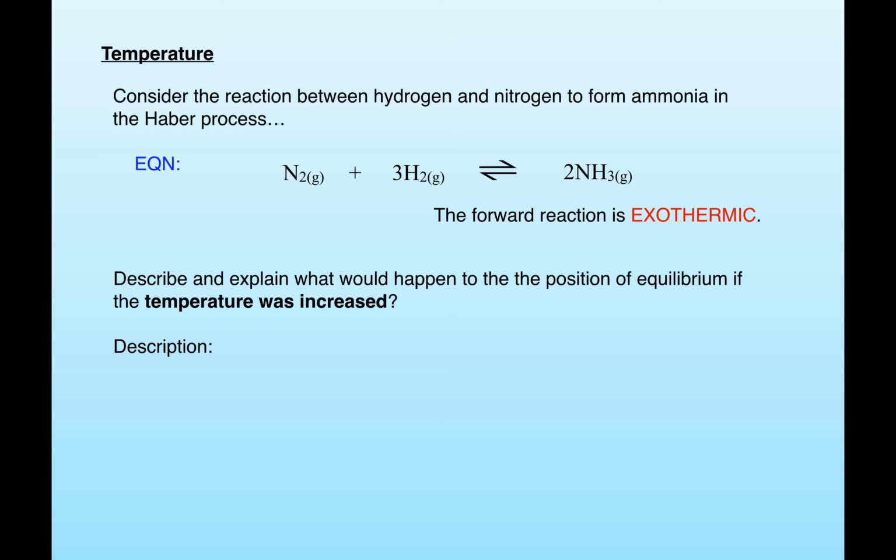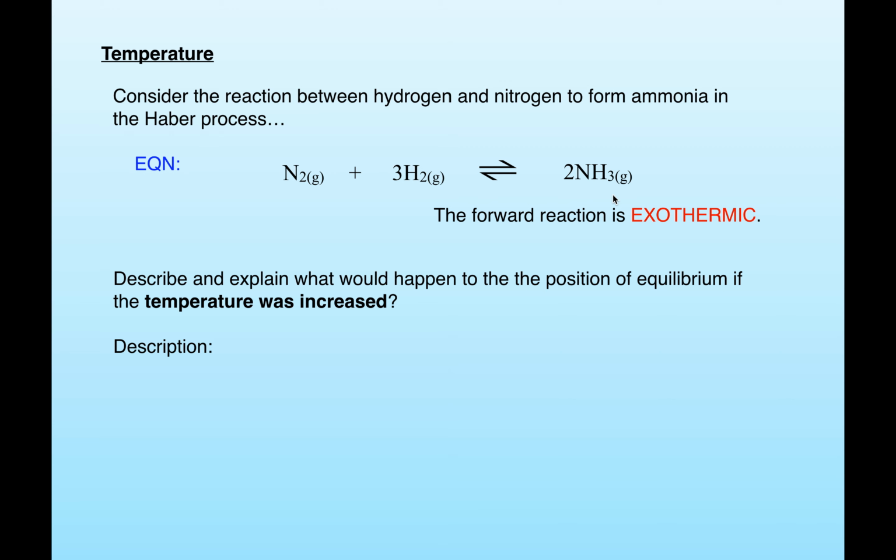We need to describe and explain these things. So, if I increase the temperature, then this system will shift in order to try and decrease the temperature again. So if I increase the temperature, reactions at equilibrium shift in the endothermic direction to try and decrease the temperature.